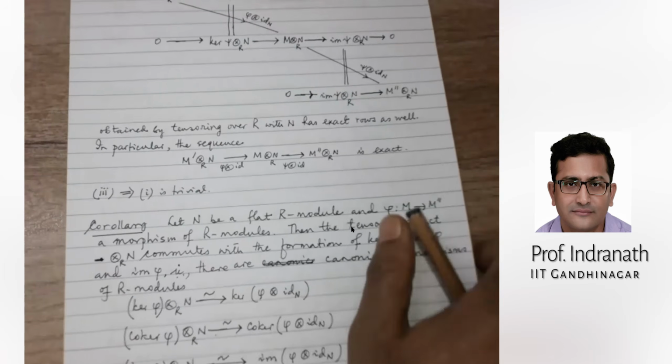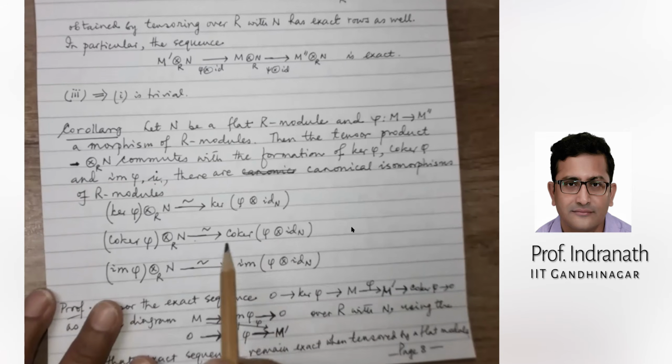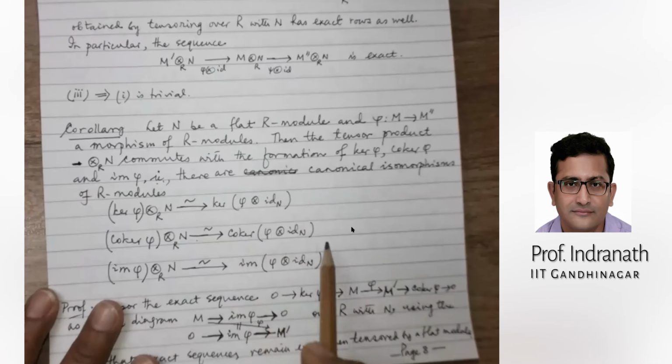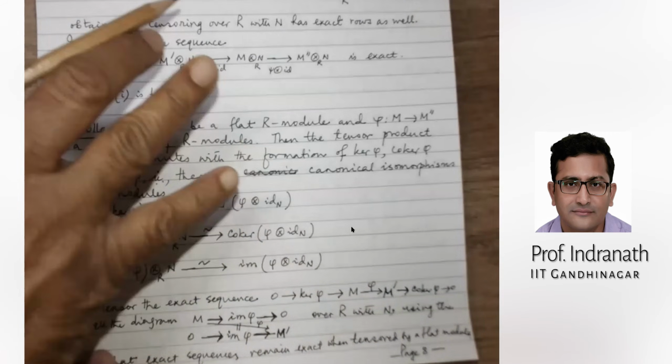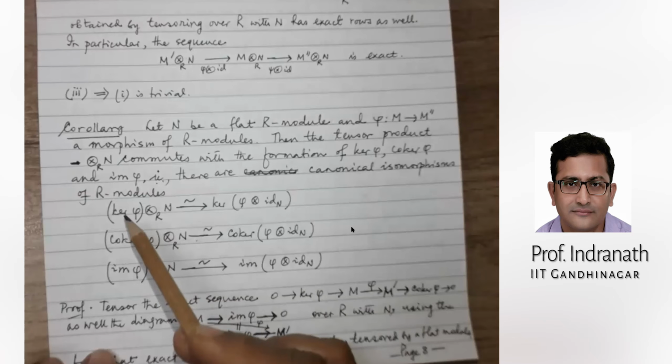Very, very important, because when we discuss faithful flatness, this will be exploited again and again. Although we have already done the proof, it is not difficult at all. It says that the kernel, cokernel, and image behave very nicely with the tensor product, in the sense that they can be taken out.